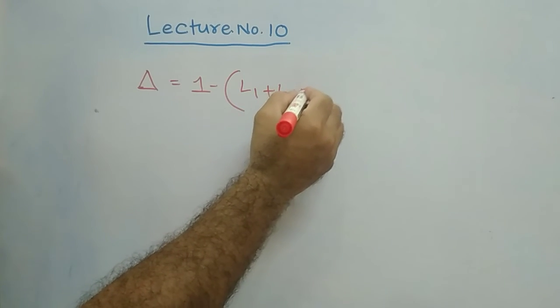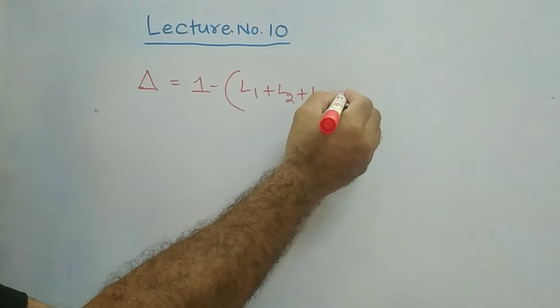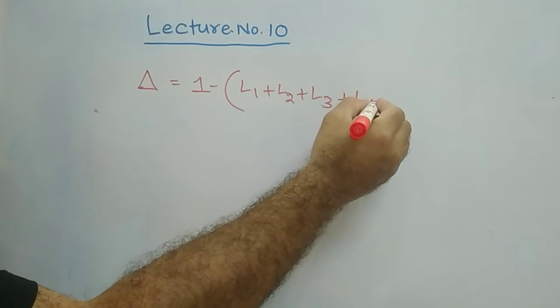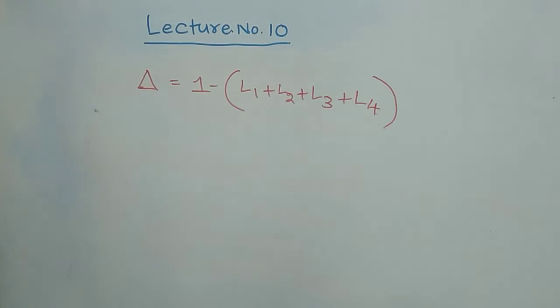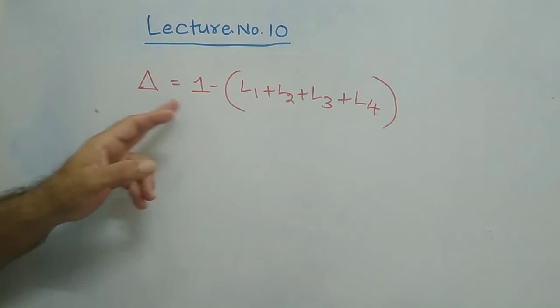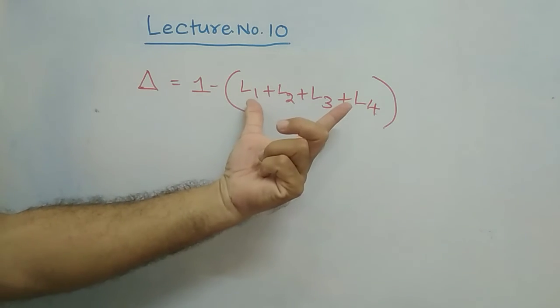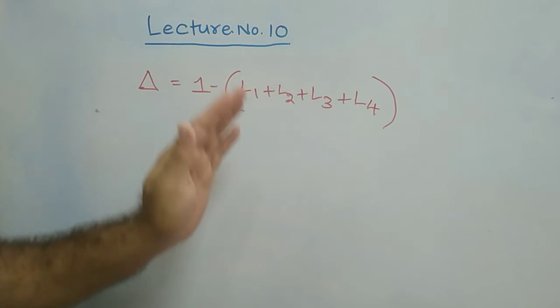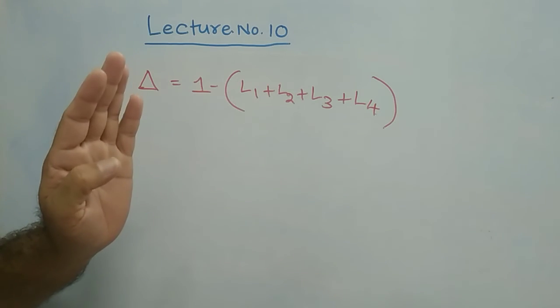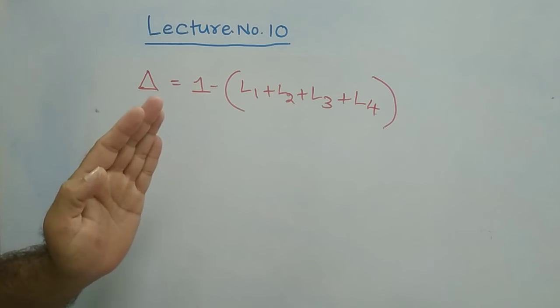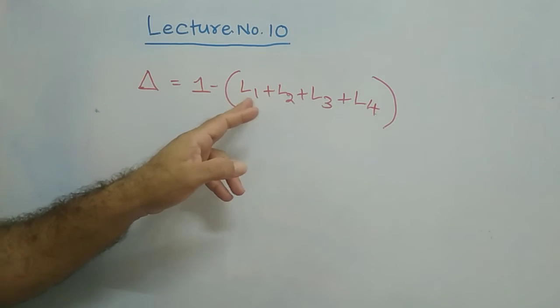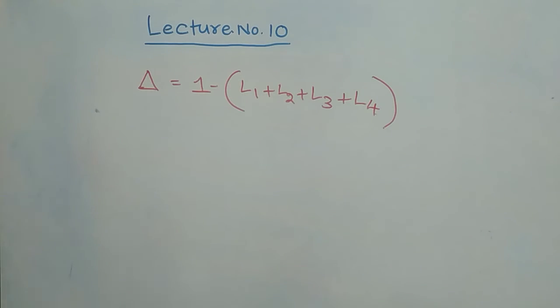Directly I will write. Why is theory required all the time? It is not required, no? As per the formula, delta is equal to 1 minus the sum of gain of individual loops. How many individual loops do you have? 4 loops. You have to sum them up: L1 plus L2 plus L3 plus L4.